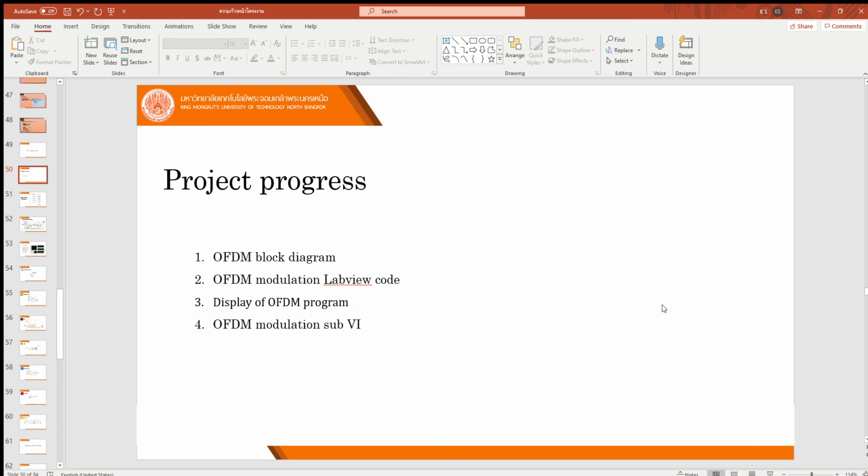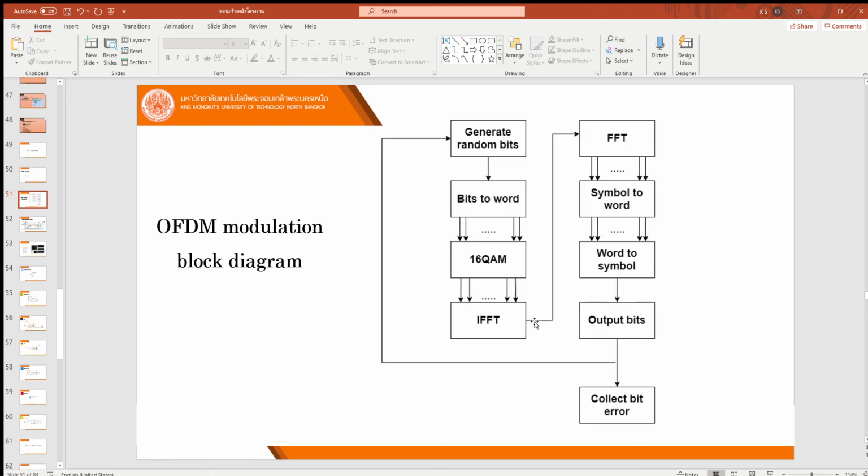So what we do is the block diagram of the OFDM, and then we have the OFDM modulation LabVIEW code, and we display the OFDM program, and then the OFDM modulation sub VI, how it looks like. So we come back to the theory of how to regenerate the OFDM.